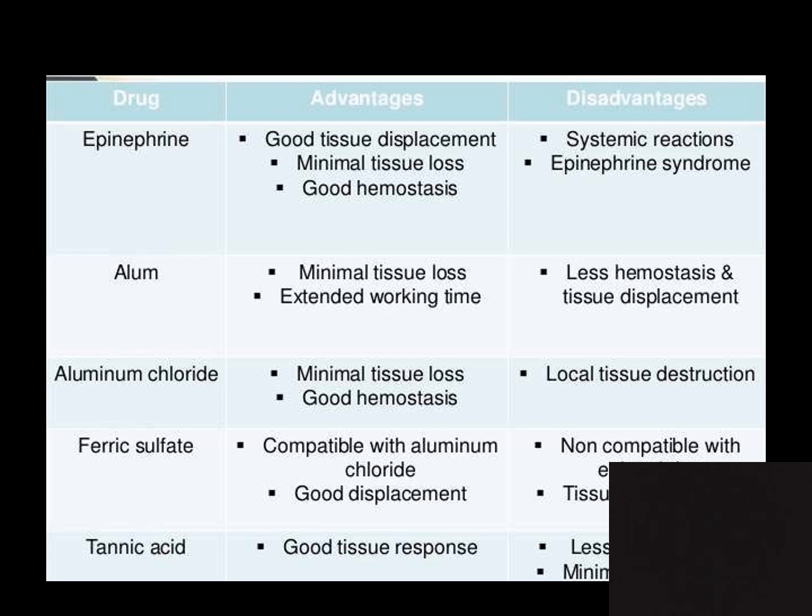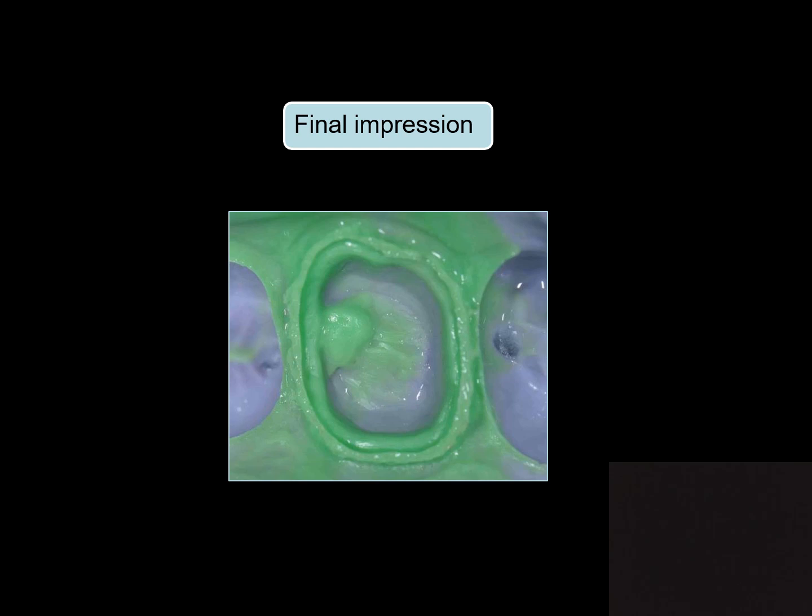But the most common disadvantages associated with epinephrine are systemic reactions and epinephrine syndrome, and some patients taking medications such as monoamine oxidase inhibitors are allergic and sensitive to epinephrine. Alum has the disadvantage of less hemostasis and tissue displacement, and ferric sulfate is non-compatible with epinephrine. So this is the final impression made after the placement of the gingival retraction cord.